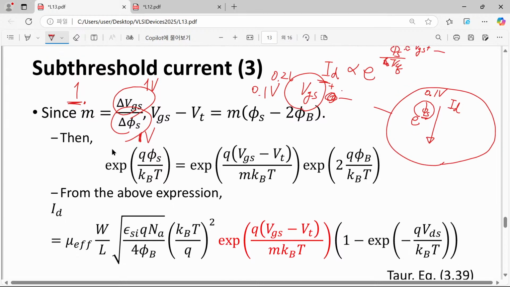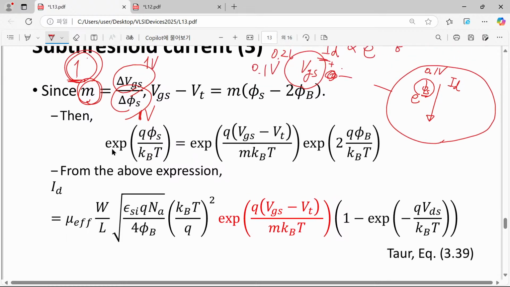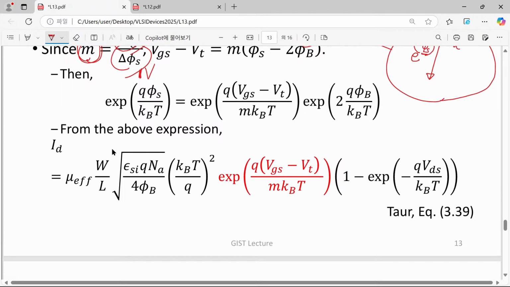Simply speaking, a low value of m means that your surface potential is fully under control. And a value deviating from the ideal value 1 means that you are losing control over your surface potential. So that's the reason why a small m value is quite important. When we use this form, our drain current follows an exponential function.